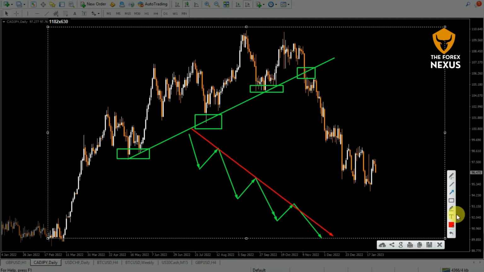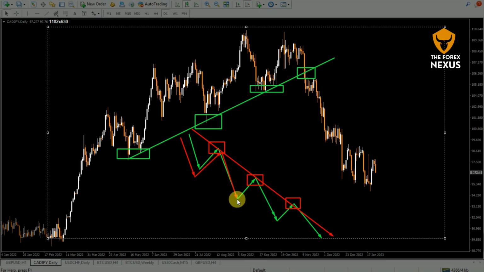At that point, all the swing highs must meet and test the trend line. Then we can identify that it's a bearish trend and the market is just touching the zone and dropping, continuing its bearish trend.